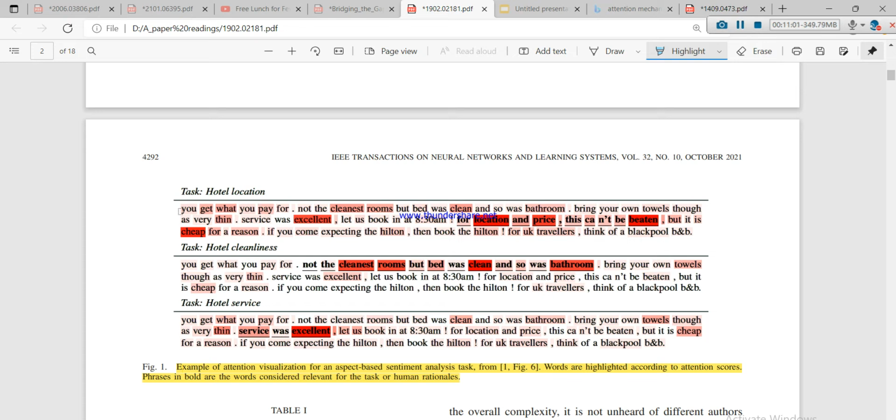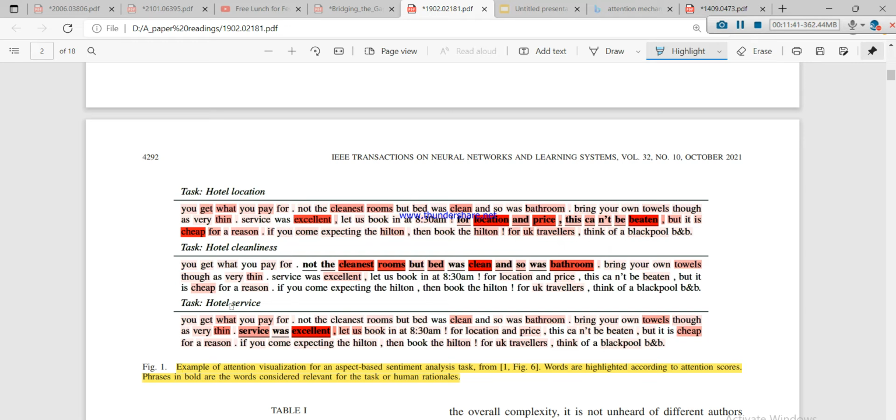According to every word, attention is taken into consideration, because words like excellent, location, price, return, cheap have more attention. Out of these words we can think, okay, this is what they are talking about, even without getting to the complete sentences. Watching these sentences, they can say, okay, this is talking about hotel location.